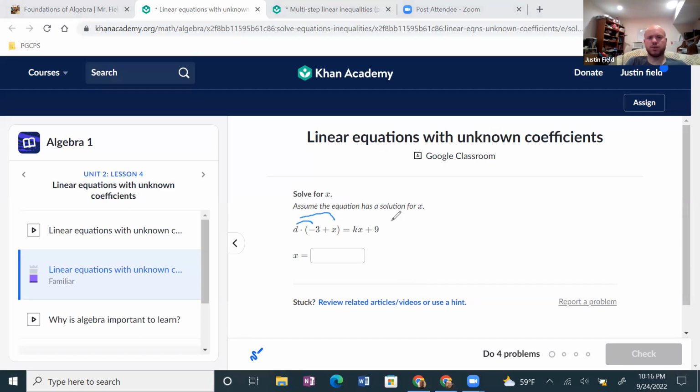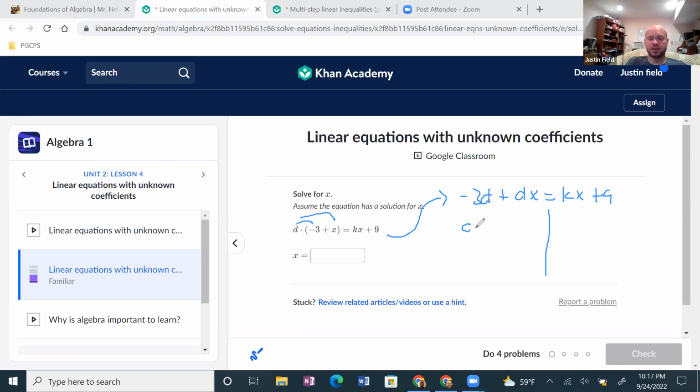First, we're going to distribute and clean up this equation. So then it'd be negative 3d plus dx equals kx plus 9. Then we're going to get the variable we want to solve for on its own side, all the terms with that variable on the left.